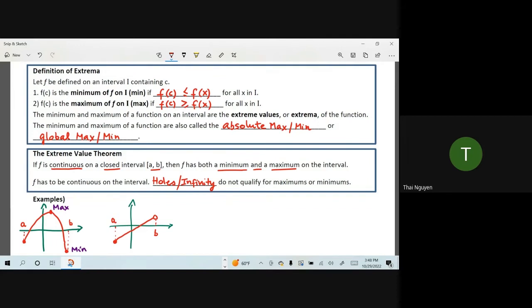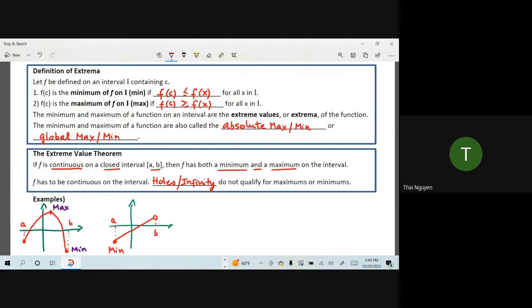Max and min have to have a concrete number associated with them. But with the hole, we don't know exactly where it is. Even though we learned already that the limit as x approaches b equals f of b, if f of b exists, in this case we don't know if f of b exists or not, but we know that it's going to be close to f of b in here.